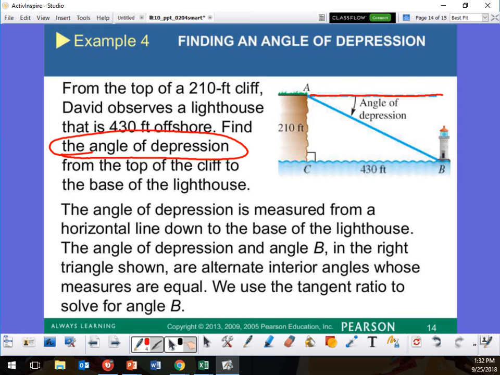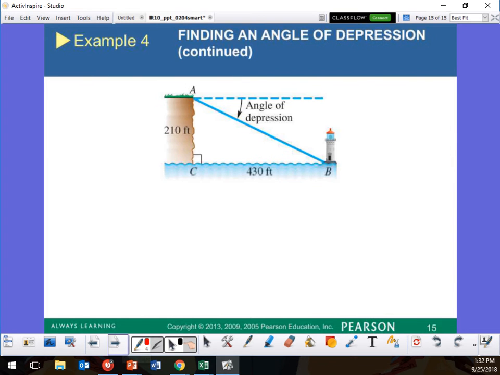So let's go ahead and set this up now. I know that the angle of depression and the angle of elevation are always going to be congruent, because they're alternate interior angles.